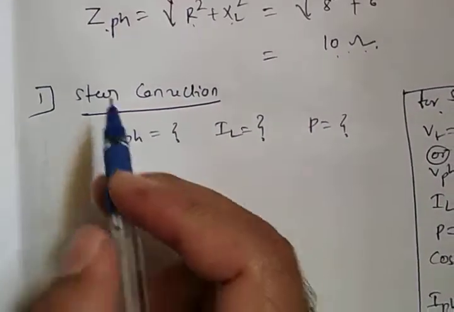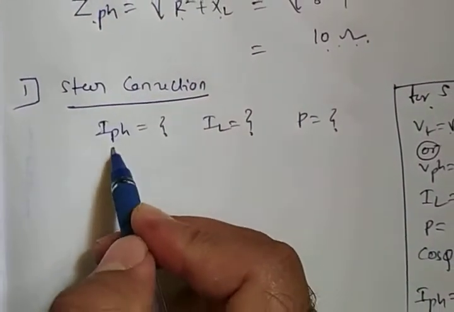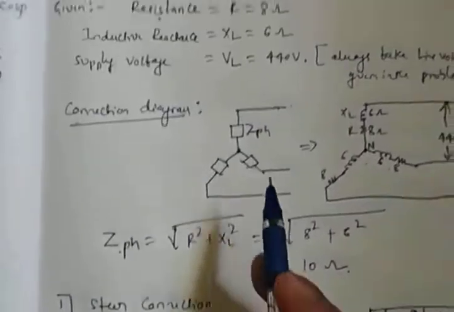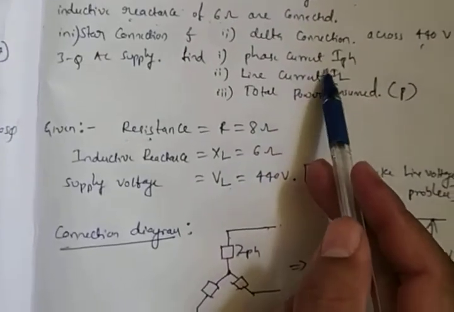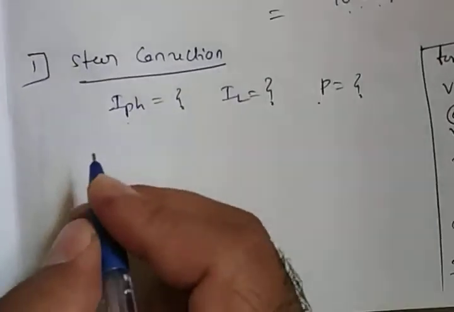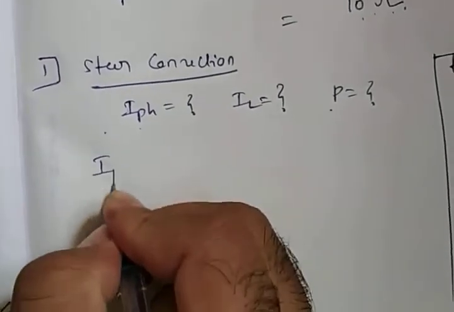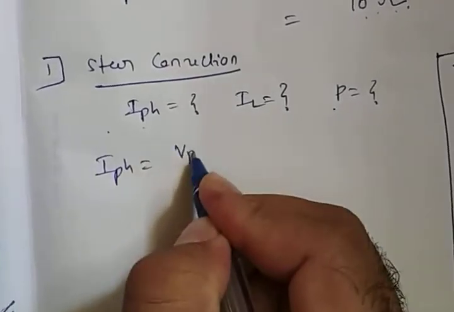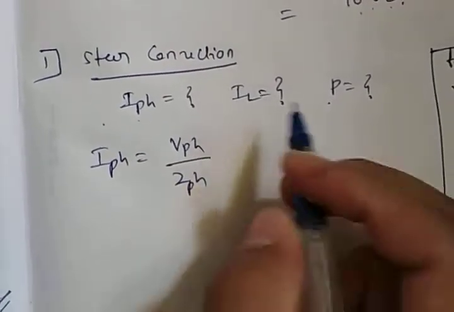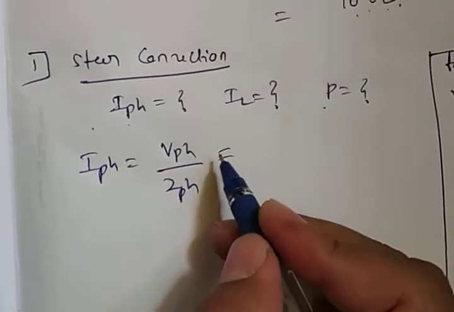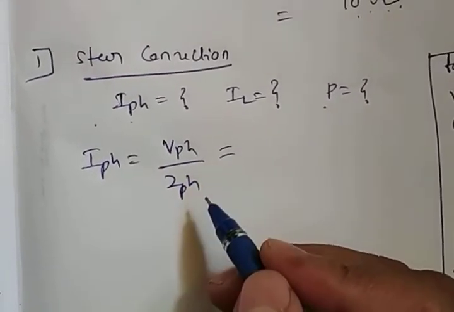Let us calculate for case 1, star connection: IPH, IL and power, which are to be calculated in the question. First, IPH is equal to VPH by ZPH. This is the formula. VPH means voltage per phase, but VPH is not given in the question.